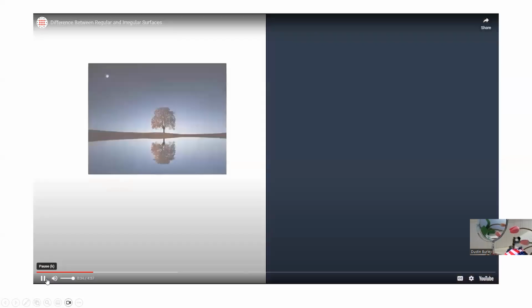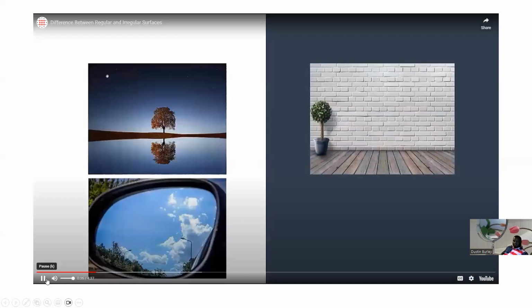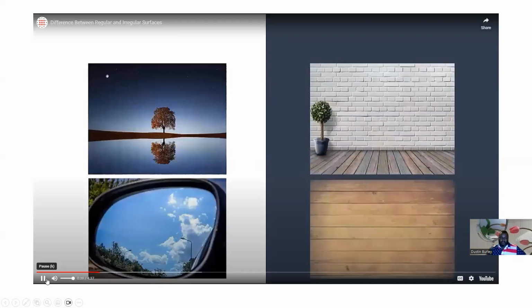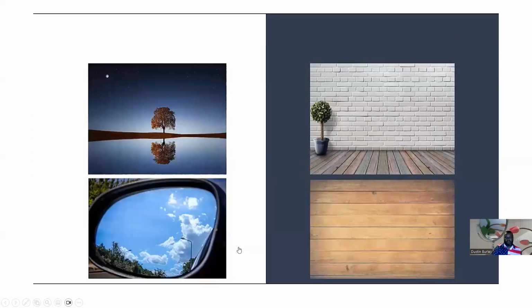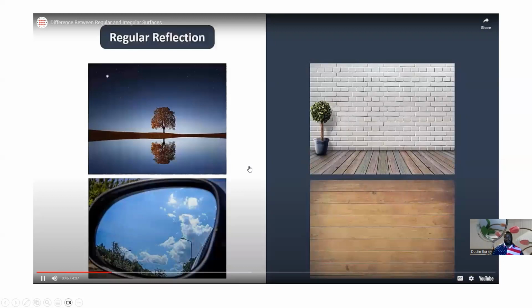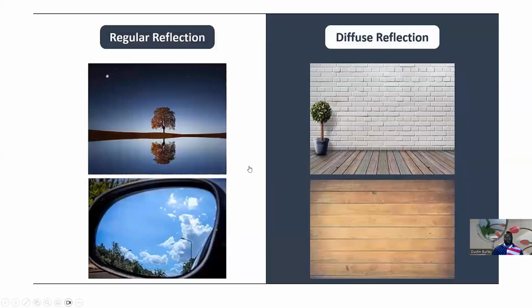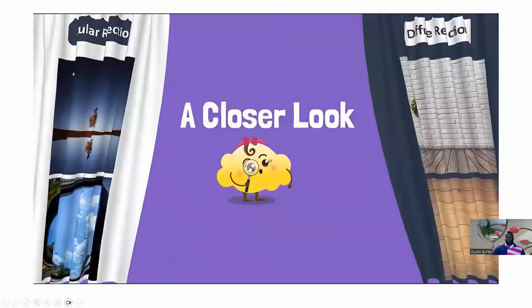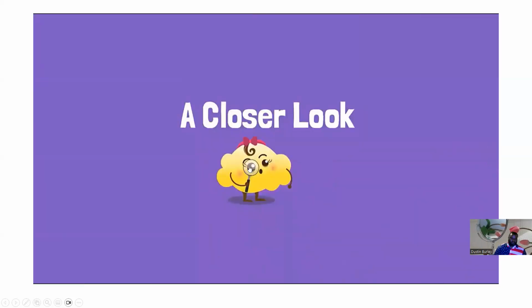However, the reflection of light depends on the surface onto which the light falls. There are two different types of reflection of light: regular reflection and irregular or diffused reflection. Depending on the type of reflection, we are able or unable to see our reflection in certain objects. Let's have a closer look at the two types of reflections.